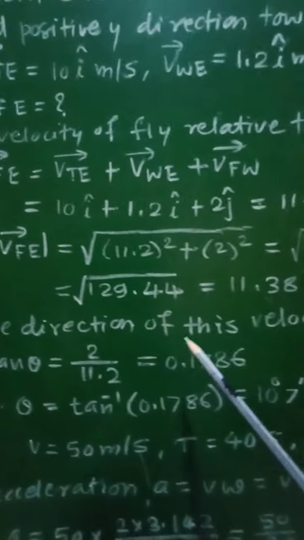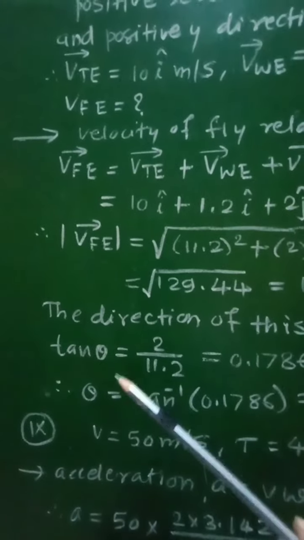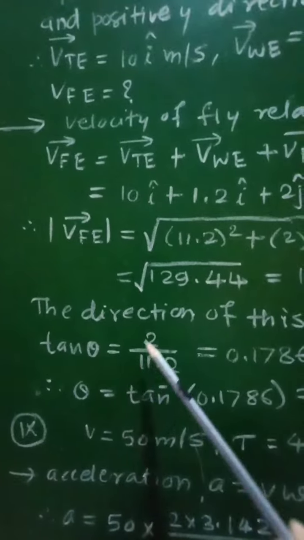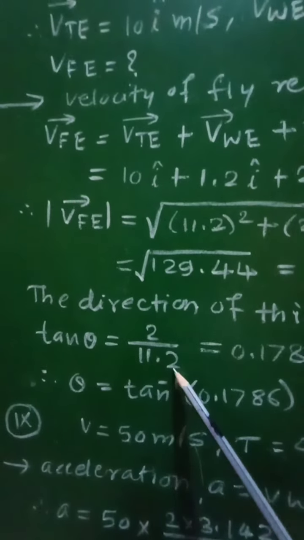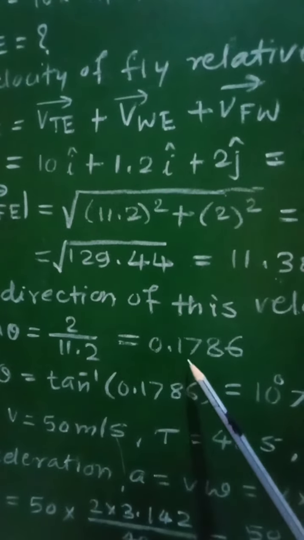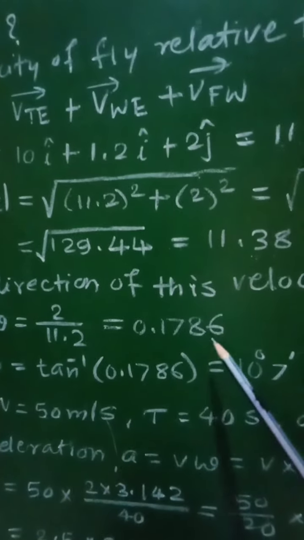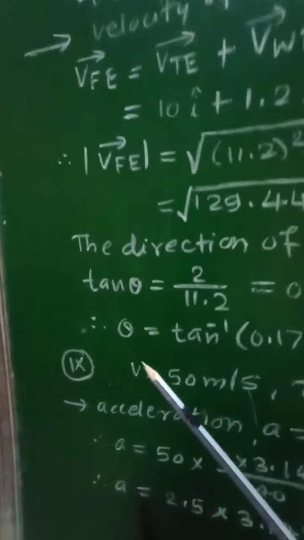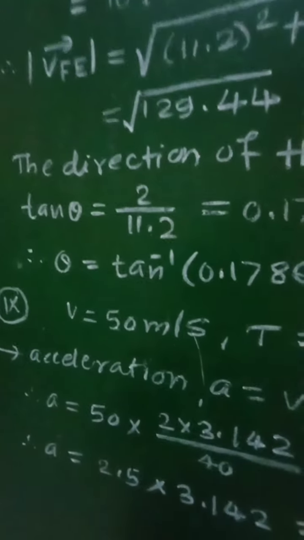Now let us find the direction. The direction of this relative velocity will be given as tan theta is equal to 2 upon 11.2, which is equal to 0.1786, and therefore theta is calculated by taking tan inverse of this.